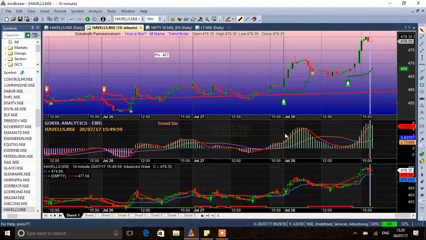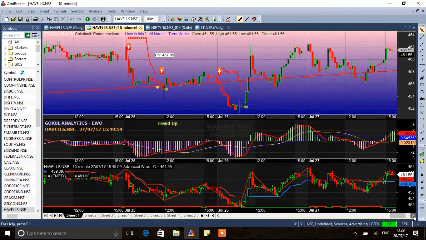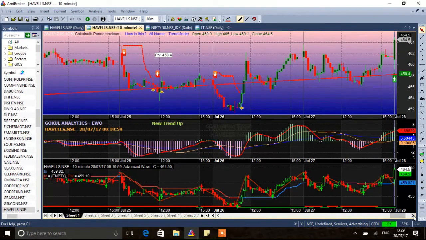So what I see here, okay, let me do it like this. Now on 28th, the first candle is like this. Again here it's showing a downtrend, but this blue line is the support line, so it touched that and moved up.